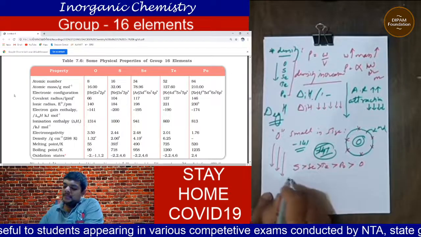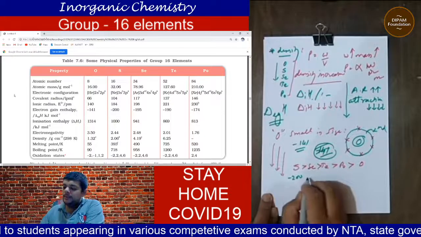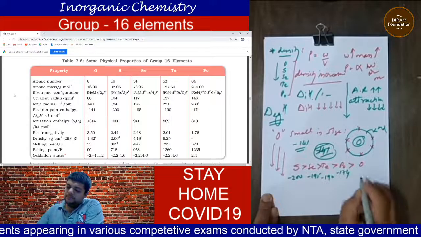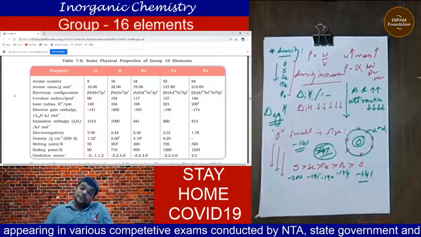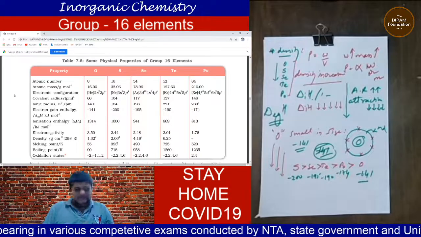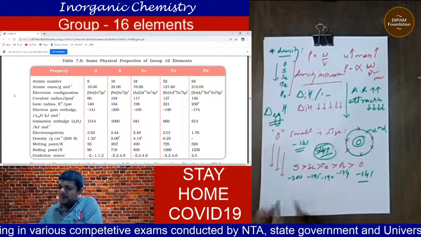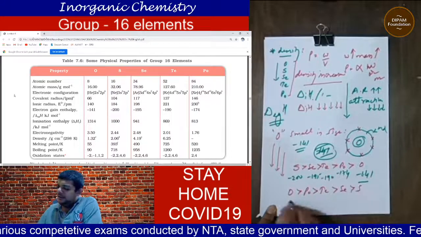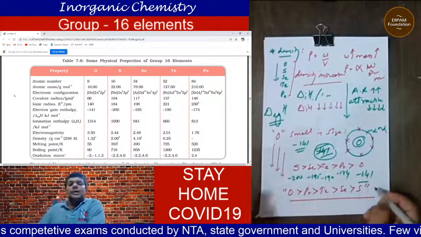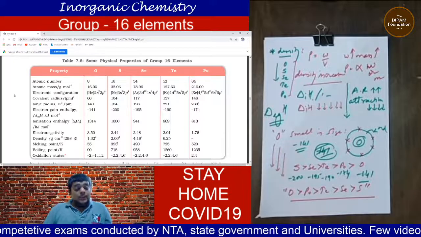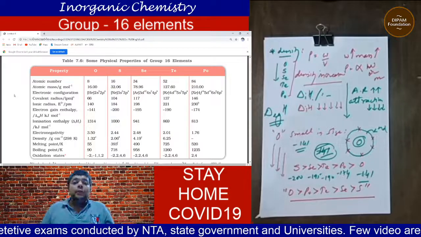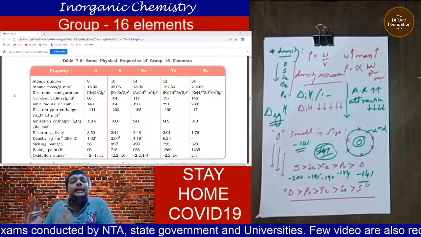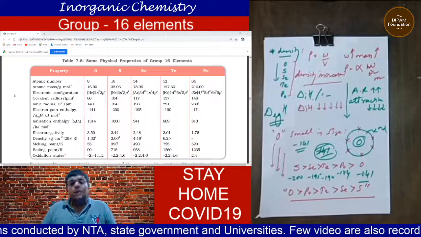It means sulfur has the maximum negative, then comes selenium, then tellurium, then polonium, and then oxygen. So negatively decreases. But if we speak positive, then you have to go inverse and say that it increases. So this is how things work. And you can now say that electron gain enthalpy decreases down the group negatively with an exception in oxygen.